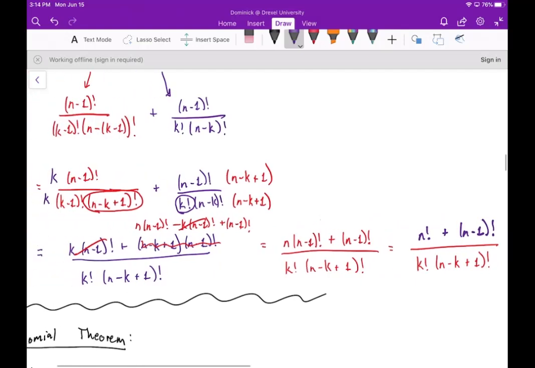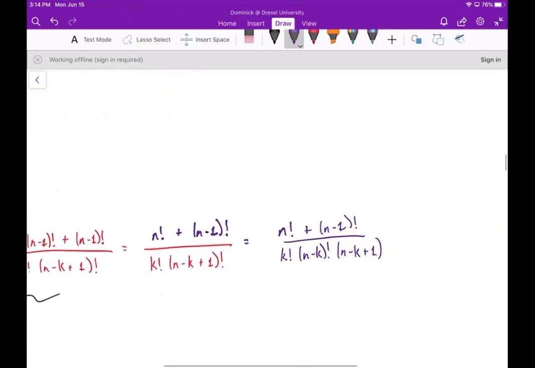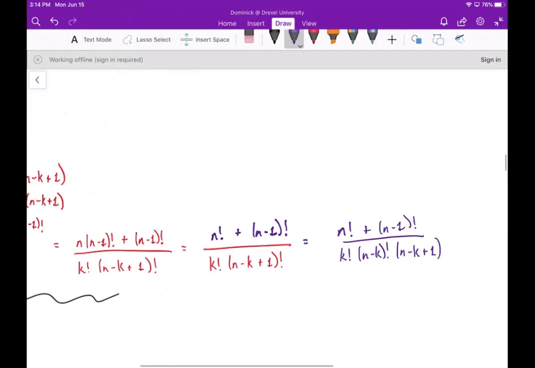So I actually think, did I mess something up here? No, I think this is fine. Okay, no, that's good. Okay, so we need to get this n minus k plus 1 out of here. So how could we do that? So if I were to leave it, let's see.